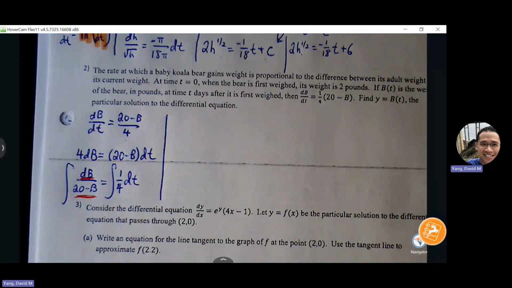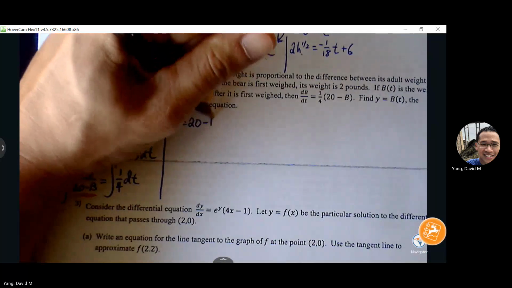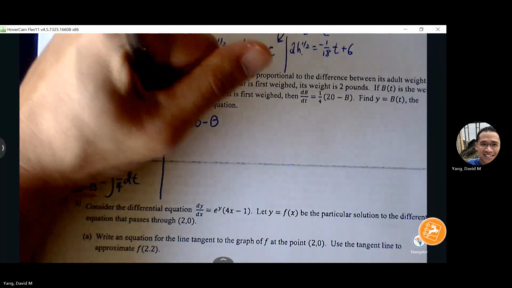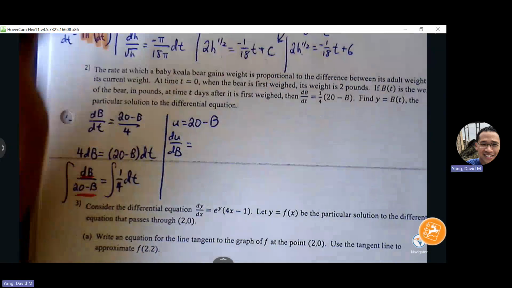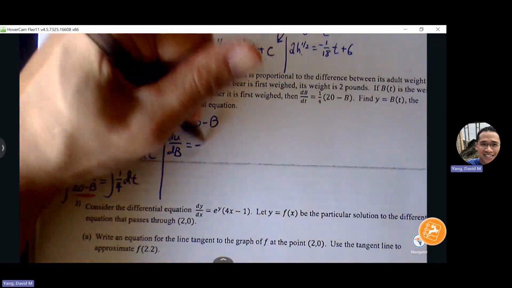This one is just when you go through your substitution, there's going to be a -1 left over. That's all that's going to come out of this. What's the derivative of 20 minus b? Just -1, right? So just keep track of that -1.